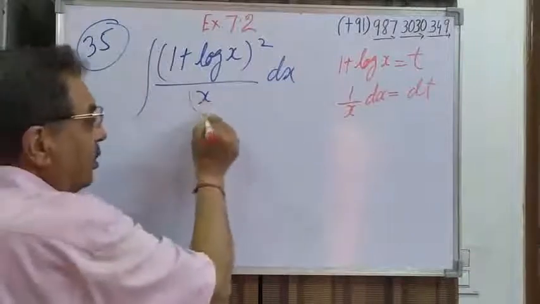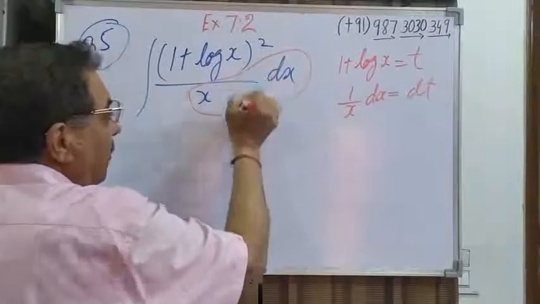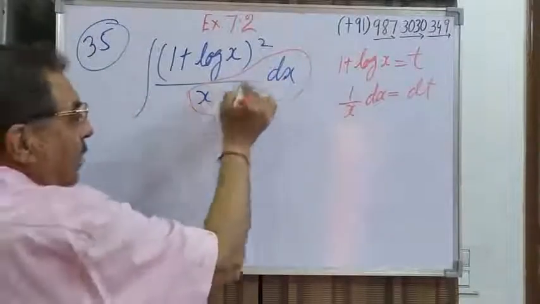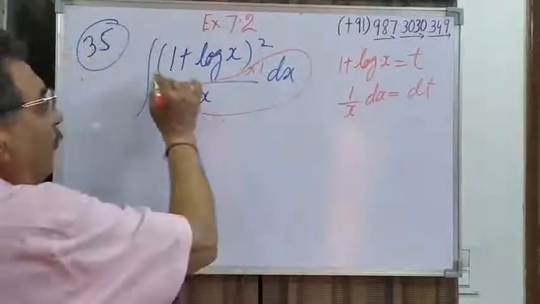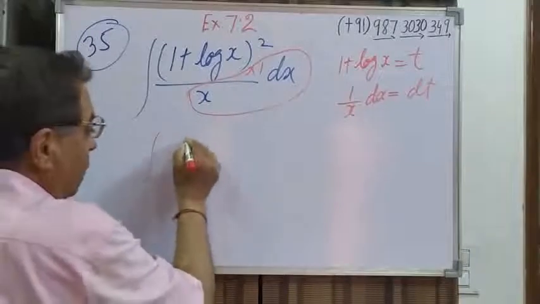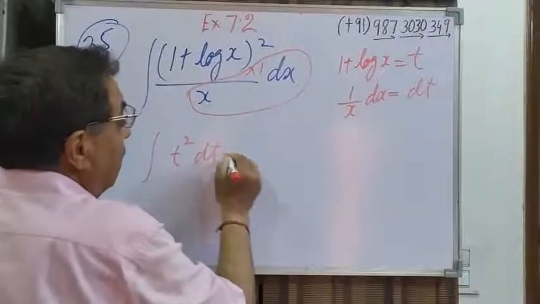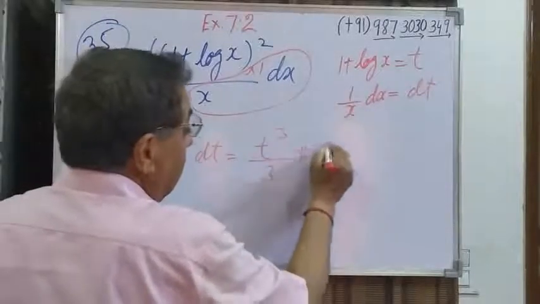This 1 by x dx reduces to dt, and 1 plus log x is t. The question becomes t square into dt, and the integration is t cube by 3 plus c.